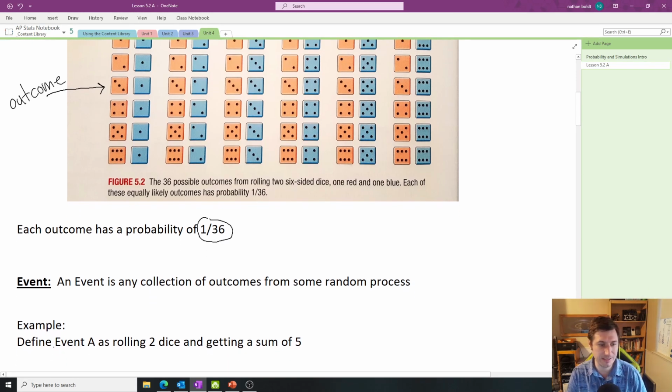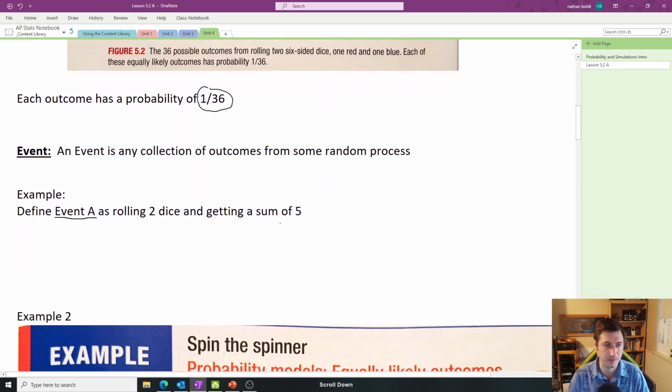We're going to define event A as rolling 2 dice and getting a sum of 5. We're going to take a look at what is the probability of getting a sum of 5. We do usually give those names. This is event A, so this would be the probability of A occurring.